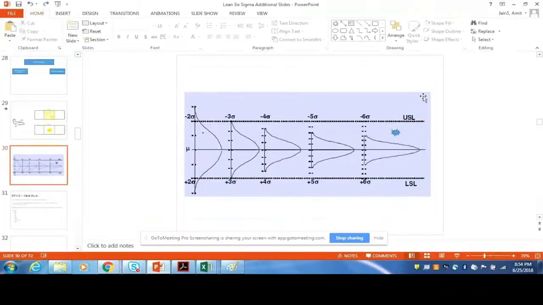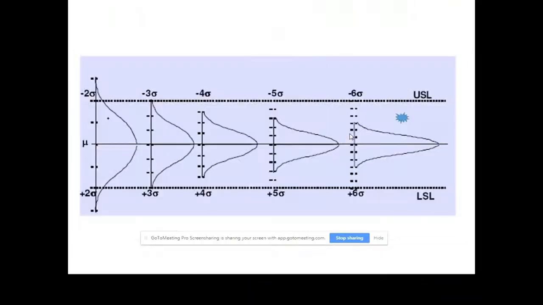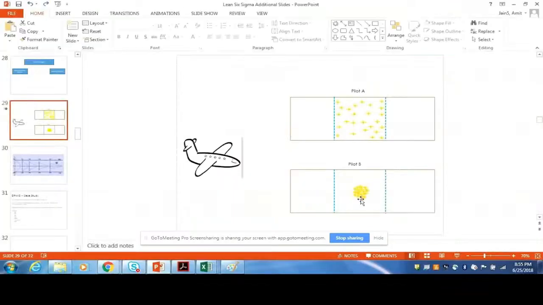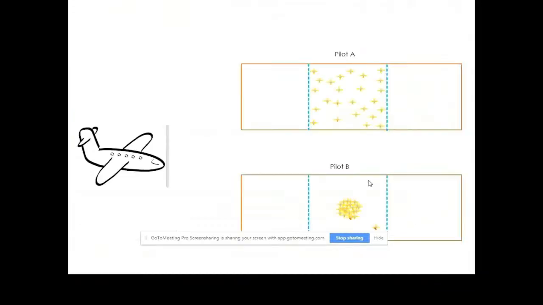Correct. So, same example again: let's say pilot B lands here. Keep him inside the lines. Yes, he is. So he's right here. Normally he doesn't do that. There's a defect that he has created with respect to his own process.